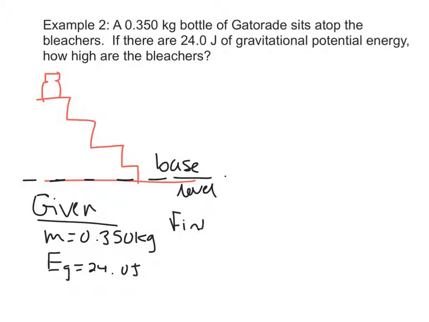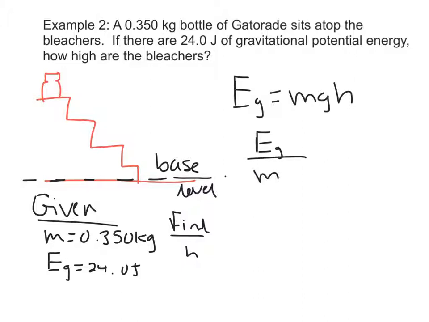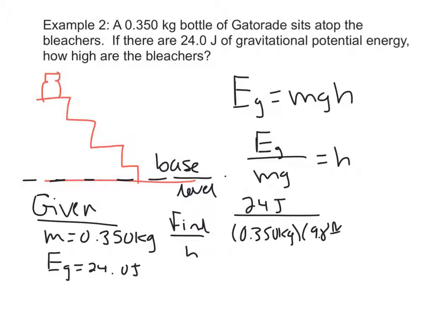And we are looking for height. Again, easy equation, EG equals mgh. So EG over mg gives me height. 24 joules divided by the mass, 0.350 kilograms, times 9.8 newtons per kilogram equals height.